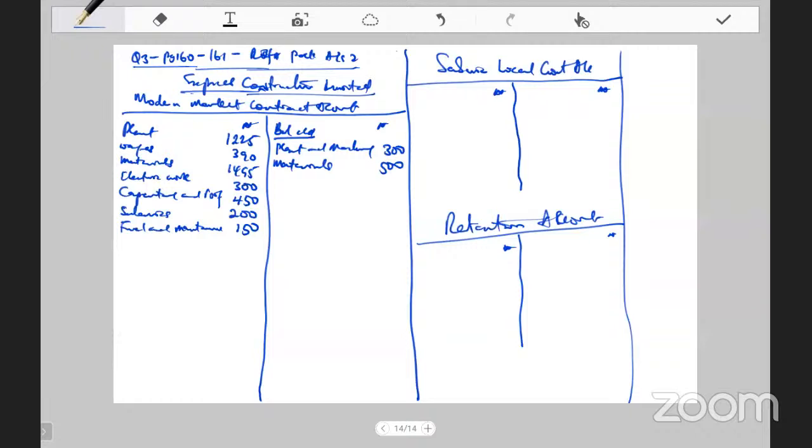Work certified during the year. So we just have work certified. How much is it? 5,000. If work is certified, that is by the architect.